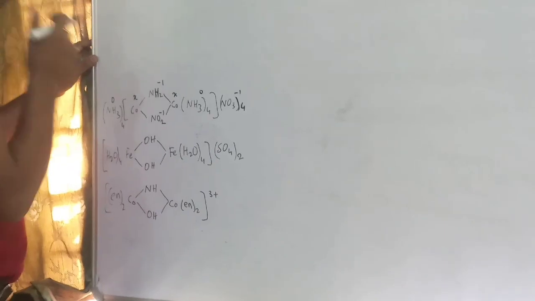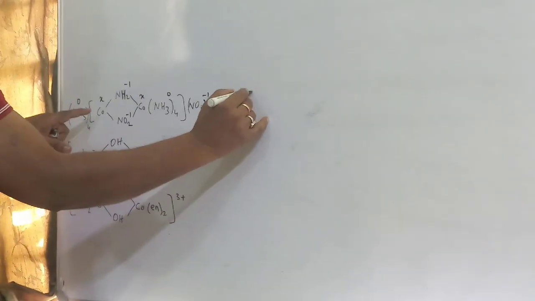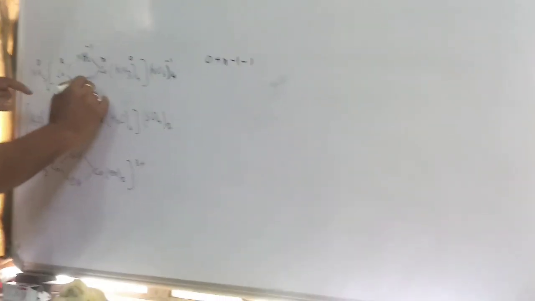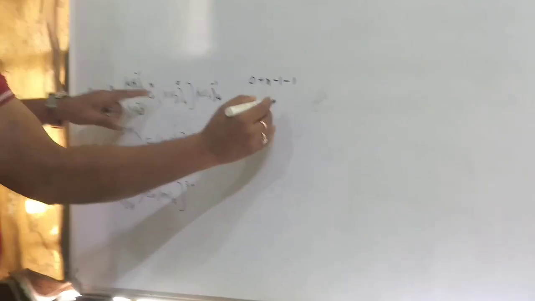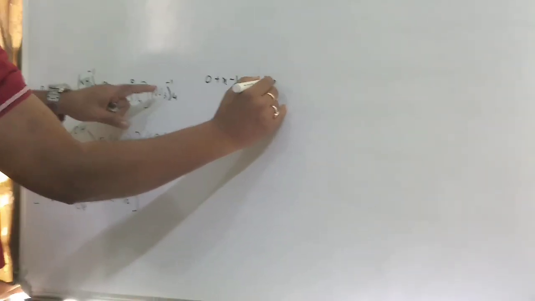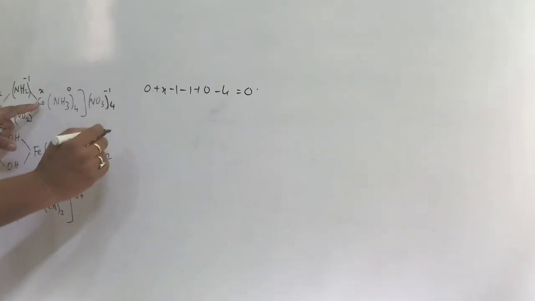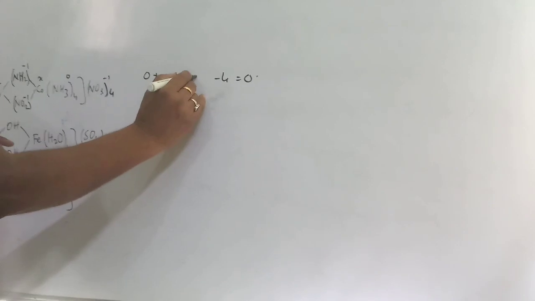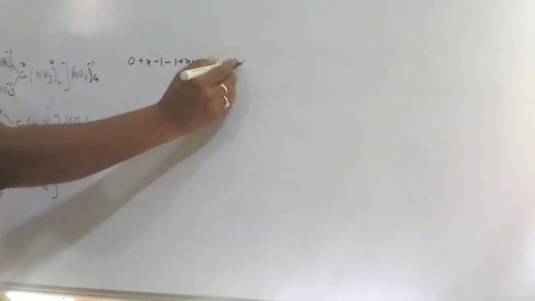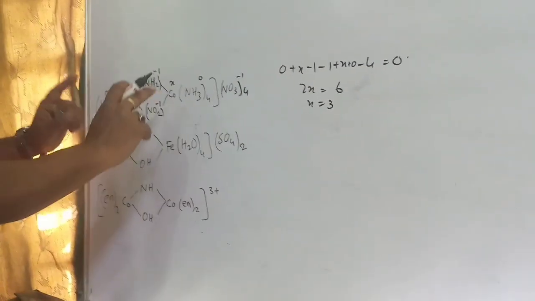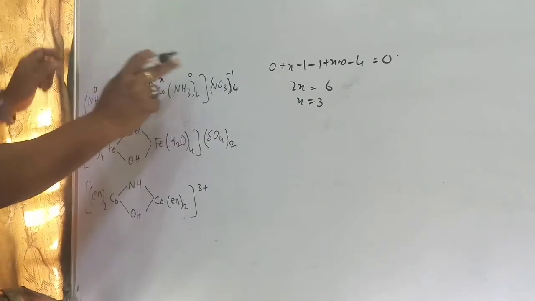So what's the value coming up? 0, then X, -1, -1, this is the nitro group, this is the amine group, -1, then 0, and then -4 is equal to 0. So here you can see one more X plus 0 equals 0, or 2X equals 6, or X equals 3. So cobalt here is +3.